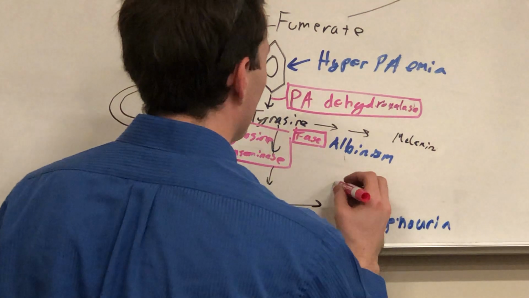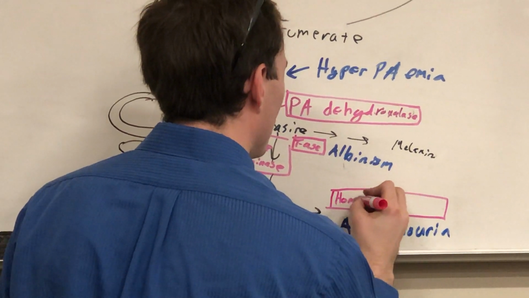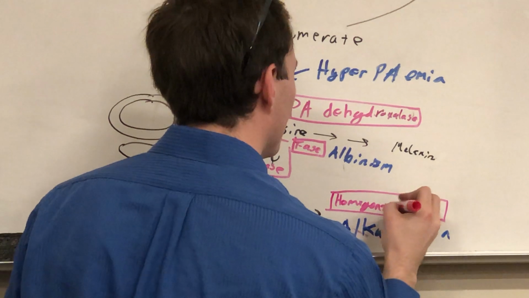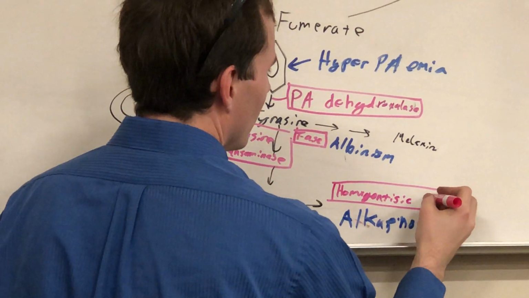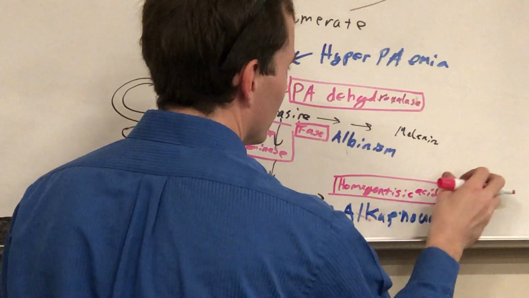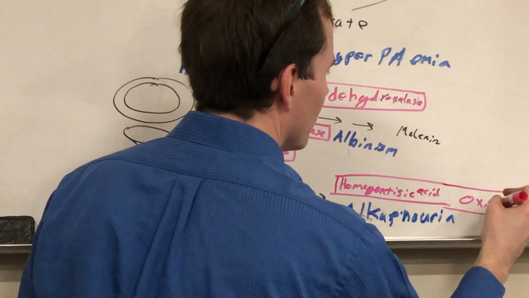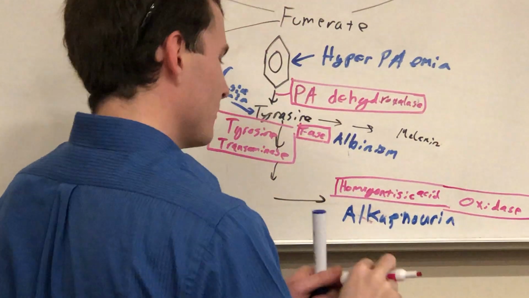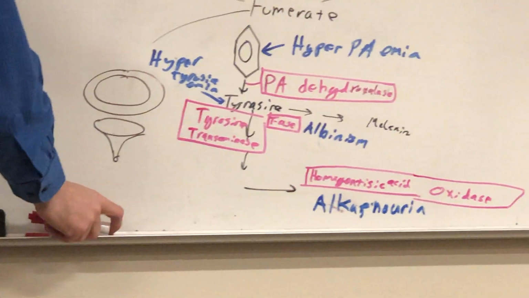This is the one that always was obnoxious in my book. The enzyme is homogentisic acid oxidase. Okay, so those are the 4 enzymes and the 4 diseases.